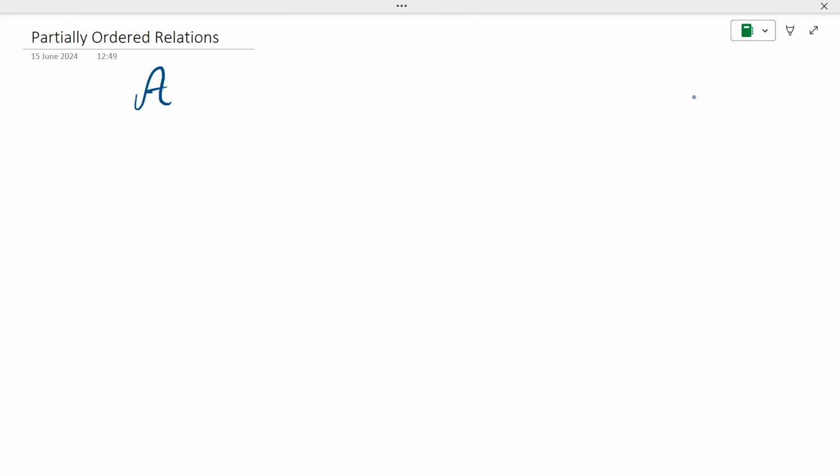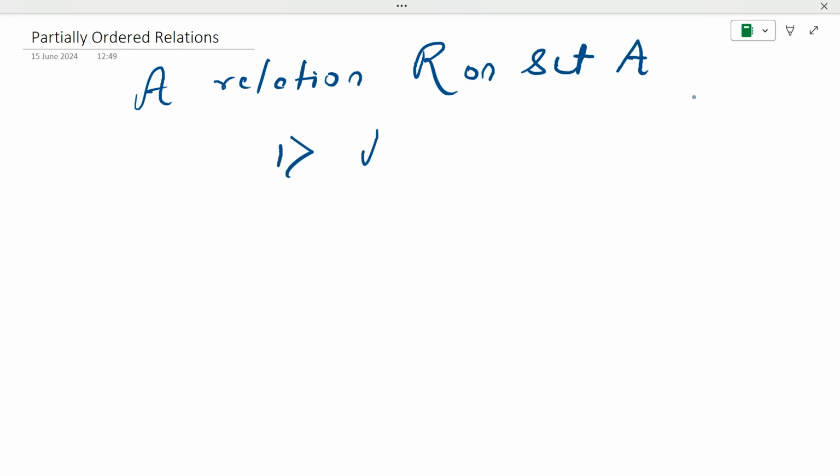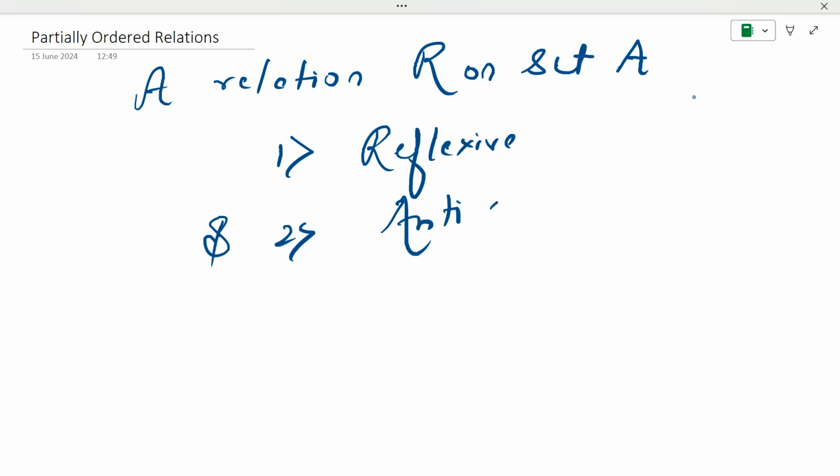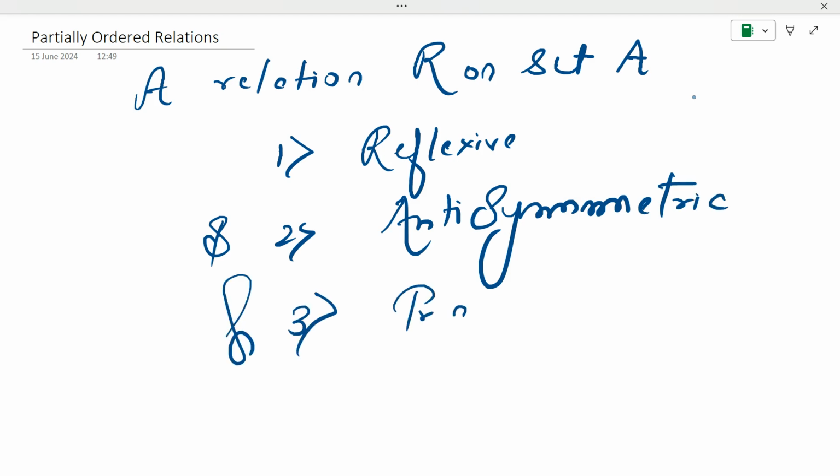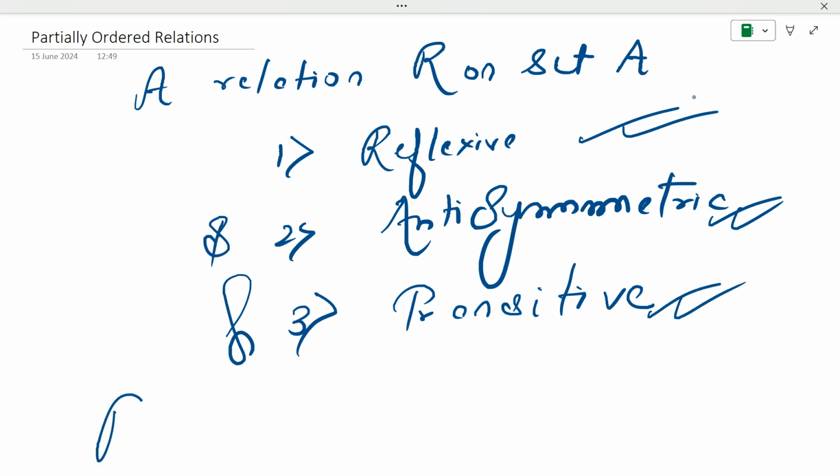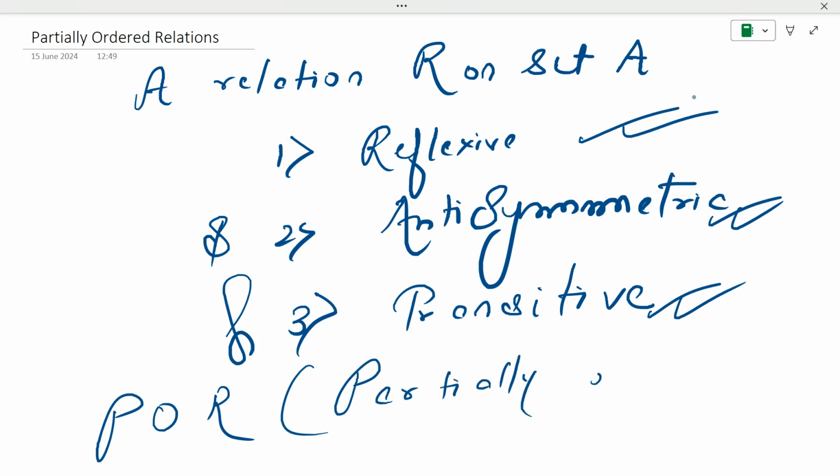We can take a relation R on set A. If it is reflexive, antisymmetric, not symmetric, it's antisymmetric, and transitive, then it is known as a POR, also known as partially ordered relation.